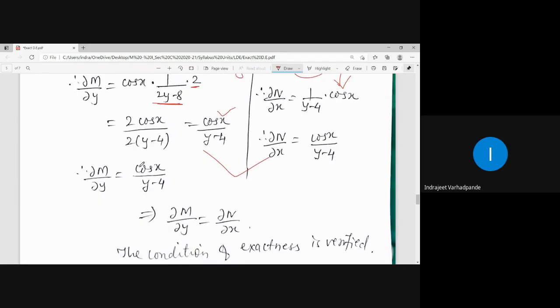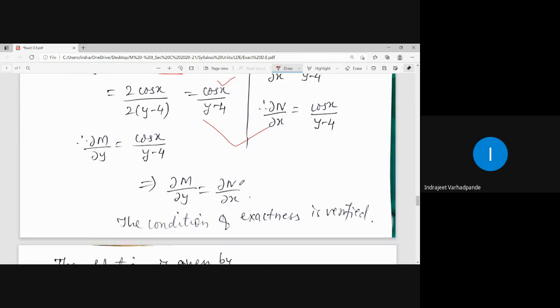So del m by del y is equal to cos x upon y minus 4, and del n by del x is cos x upon y minus 4. Both values are equal. The condition of exactness is verified.